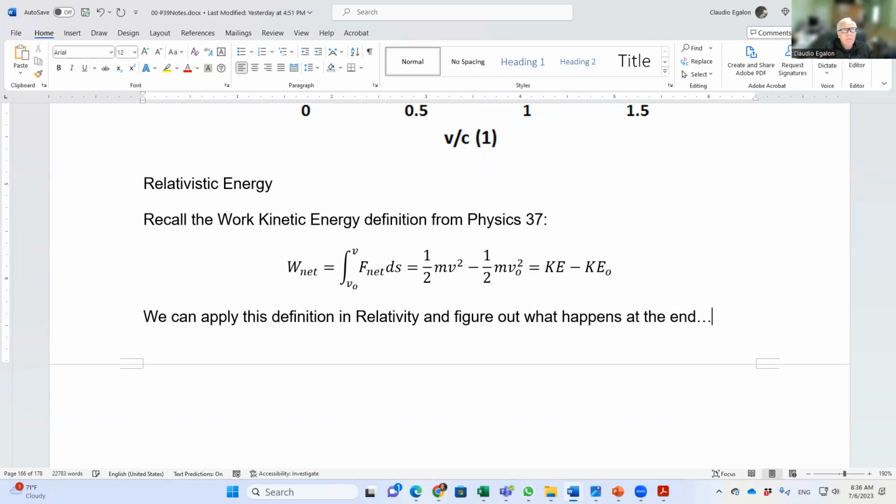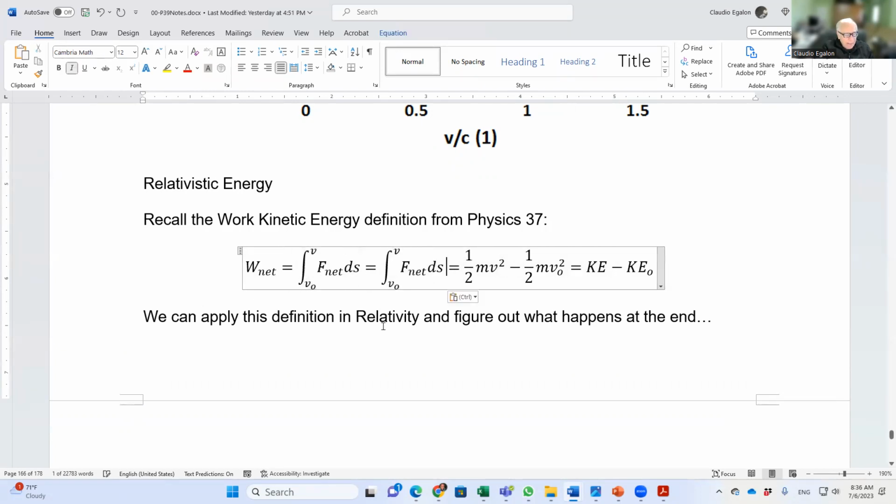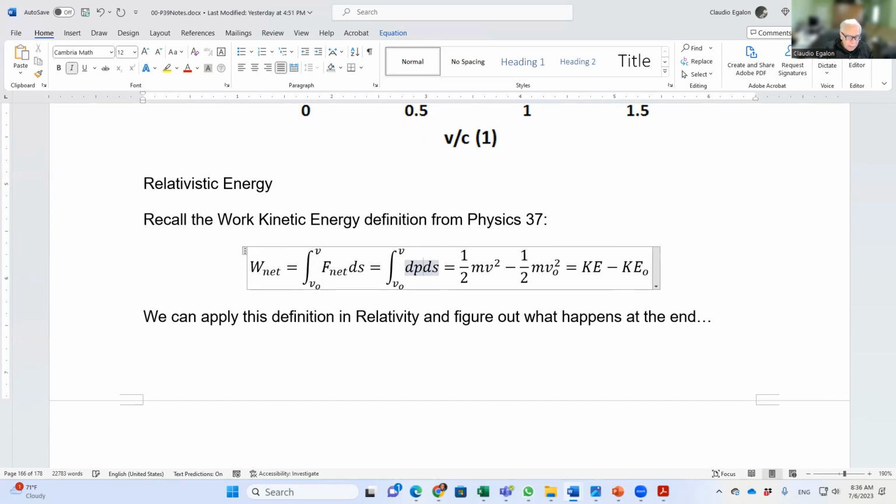Okay? And let's not forget that in Newtonian theory, the net force is going to be written in terms of the dp/dt, right? And that happens in relativity as well.